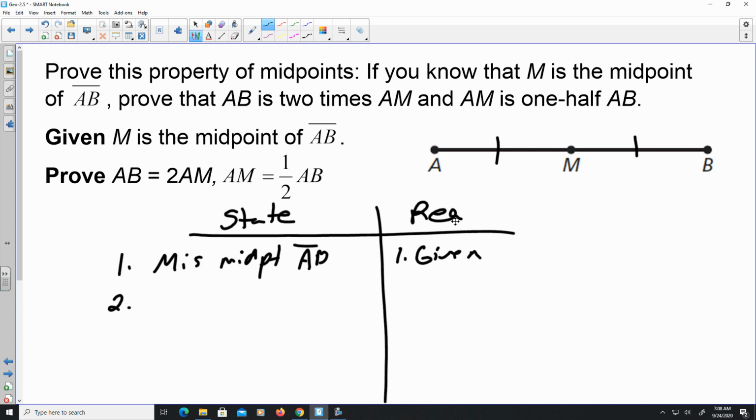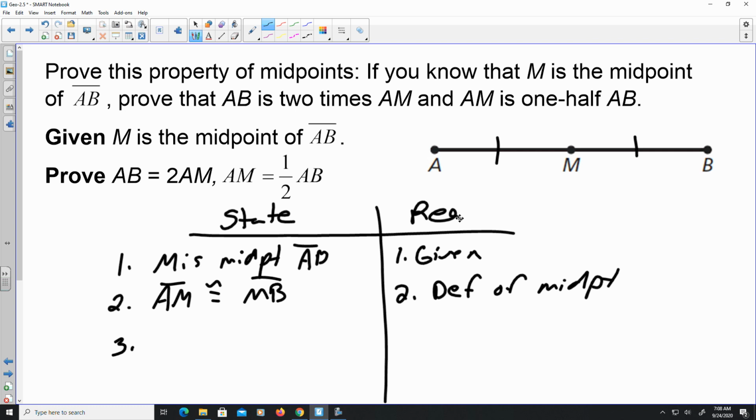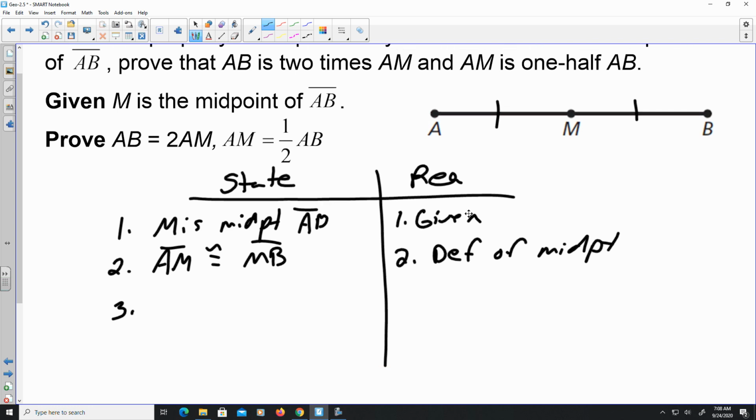The second thing we can now do is say if that's a midpoint, then these two side measurements are congruent. So I can say that AM is congruent to MB, and that would be from the definition of midpoint. Step 3 is basically what we did before, we convert to equals.